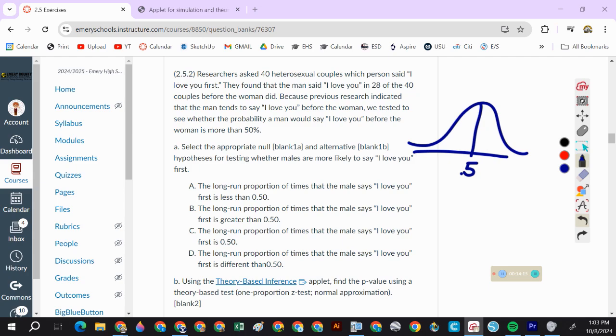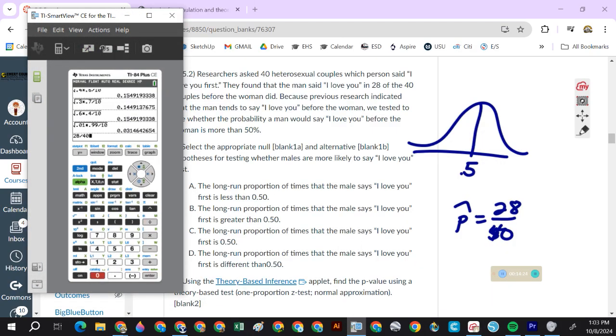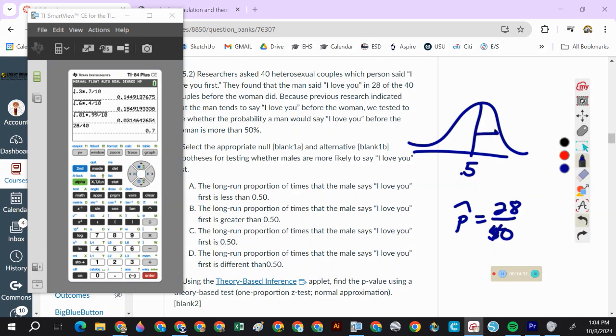Okay? And our p hat is going to be 28 out of 50, or 40, sorry. So 28 out of 40. Our p hat is 0.7, but we need our standard deviation, which is this distance here. So our standard deviation is the square root of 0.5 times 0.5 divided by, how many people are in this survey? 40.